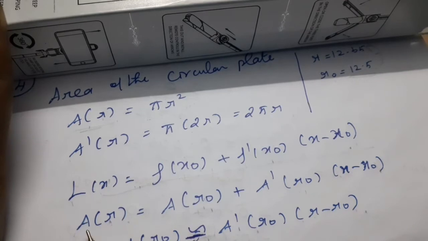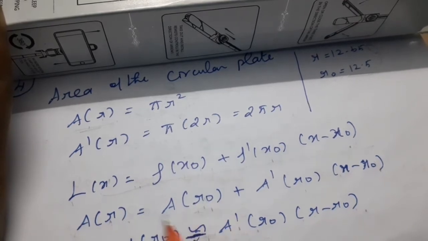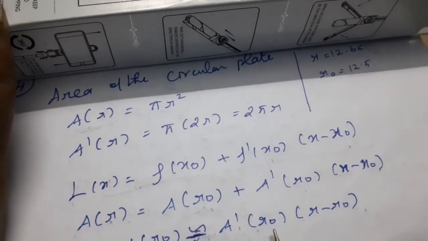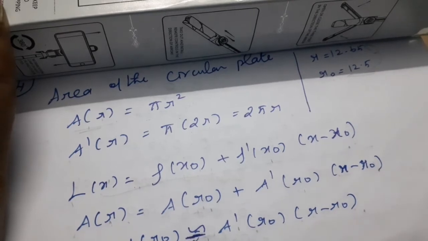Subtract A of r naught: A of r minus A of r naught is approximately equal to A dash of r naught into r minus r naught. So we apply the formula.